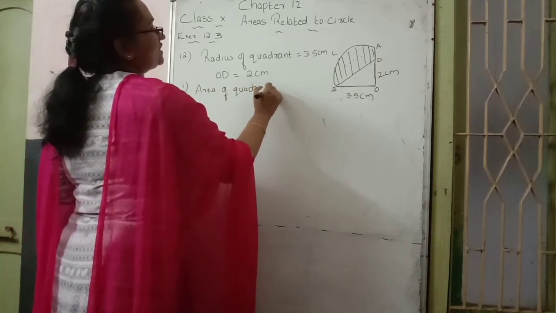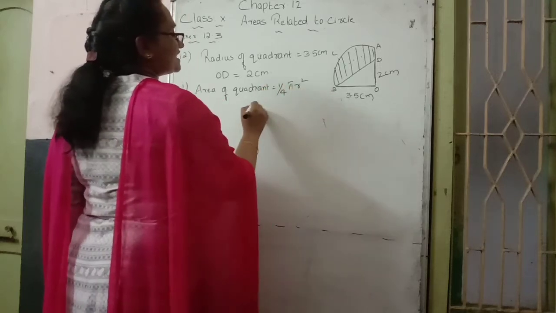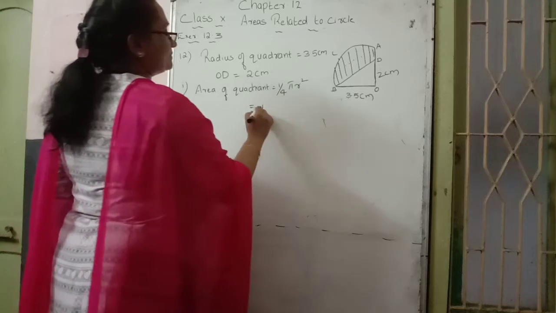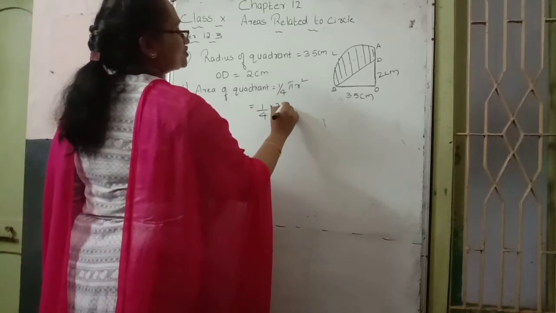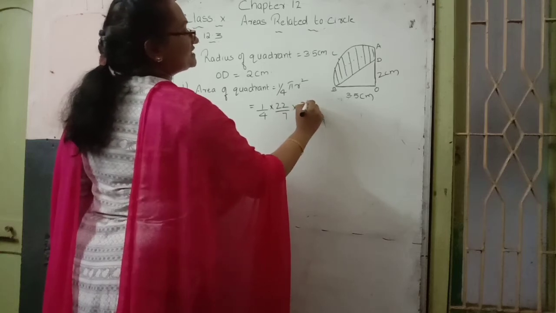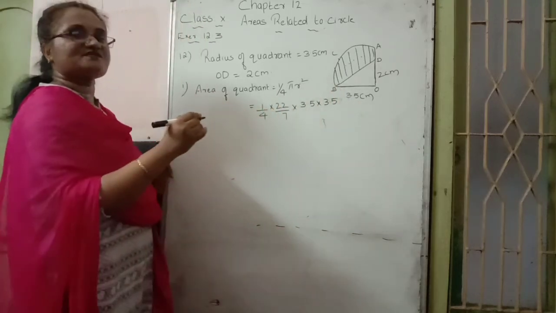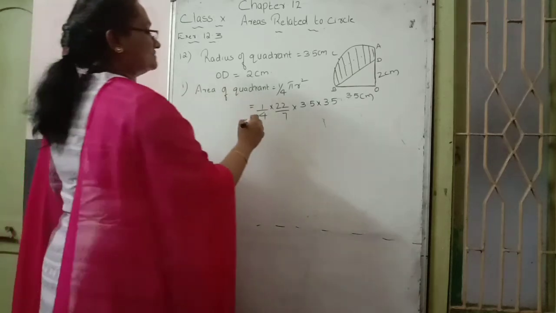What is the formula? 1 by 4 pi r square is the area of the quadrant. 1 by 4 into pi, place 22 by 7, into radius, which is 3.5. R square means 3.5 multiplied 2 times.